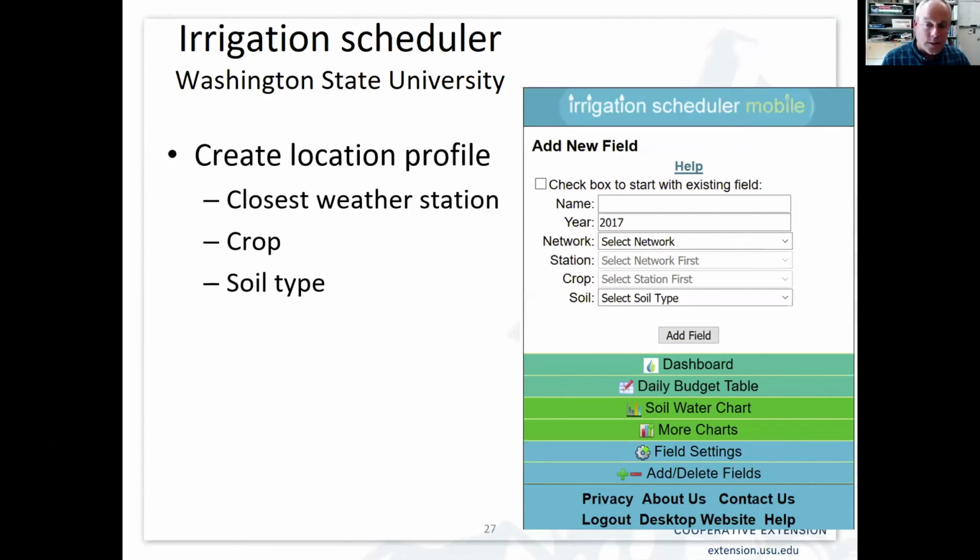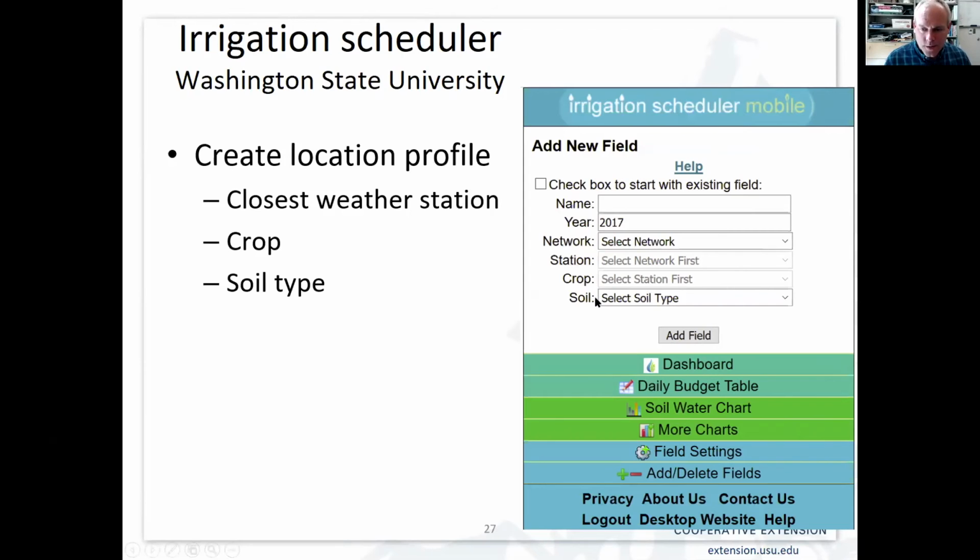You can come in here and select a weather station close to you, select the crop that you're growing, whether it's apple or peach or cherry, and then it will access the weather station. It'll access the crop coefficient for that crop and be able to use that to come up with a projection in terms of how much water your specific site is using.